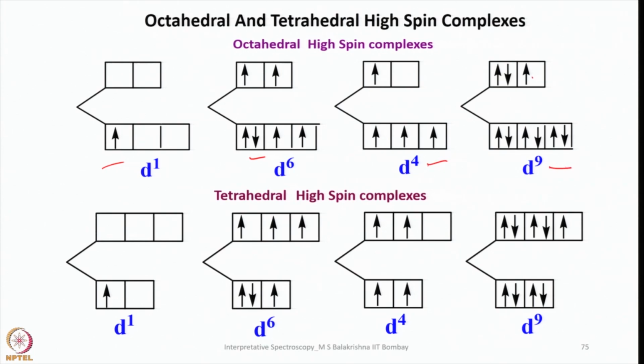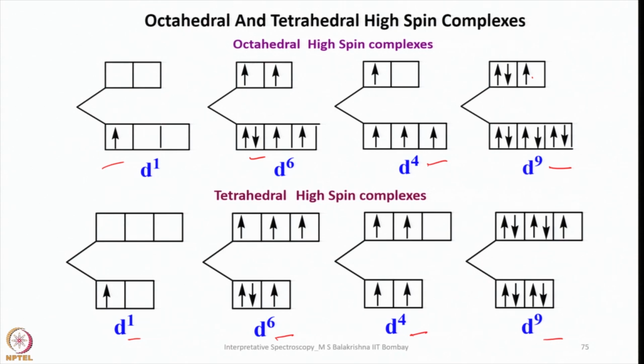If you consider tetrahedral high spin complexes, it doesn't make much difference. Here d1 has one electron, d6 is very similar, and so are d4 and d9. So all these electronic configurations have some similarities.